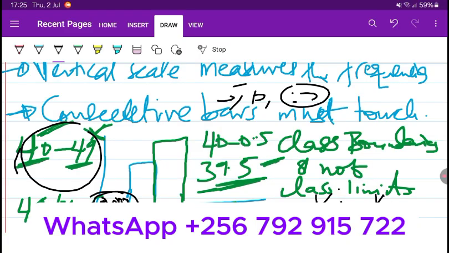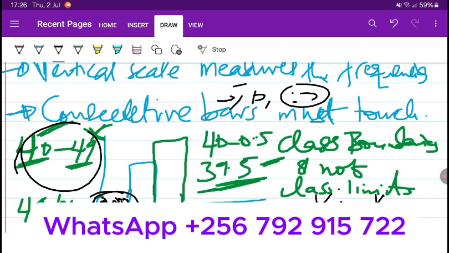But of course, as I told you, statisticians and some technologies like statistical software, most of the time they use the class marks, or what we call the class midpoints. And of course, these class midpoints, they always center them under the bars.